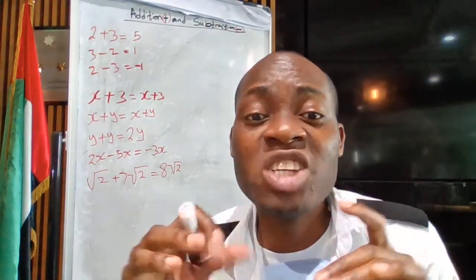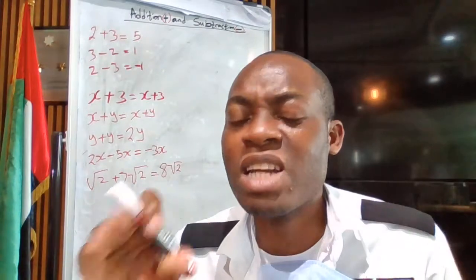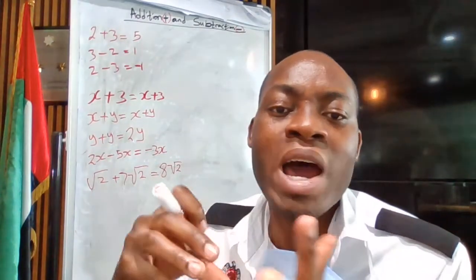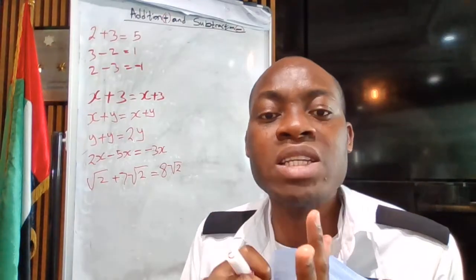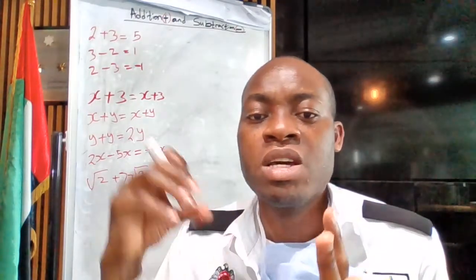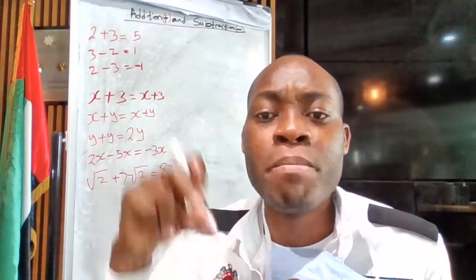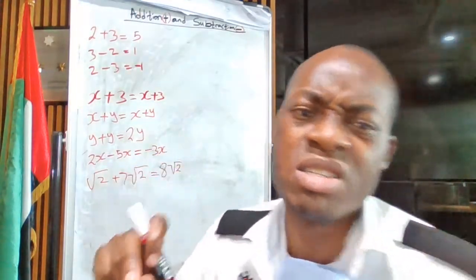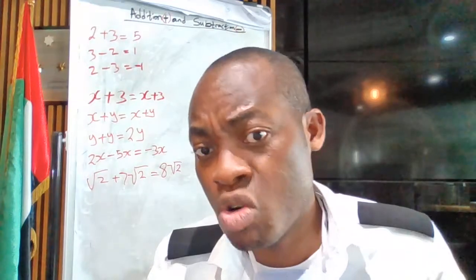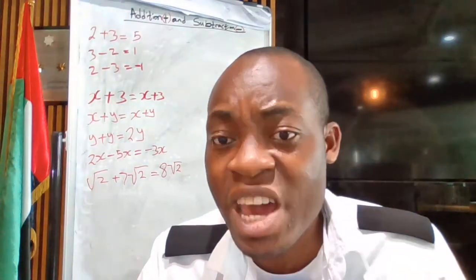Remember, coefficient does not determine like terms. Any number that is attached to a particular entity is the coefficient. That is not what you use to identify the like terms. So the like terms are identified by the entity itself. So you must be able to identify the entities. We already have a video on how to identify entity.